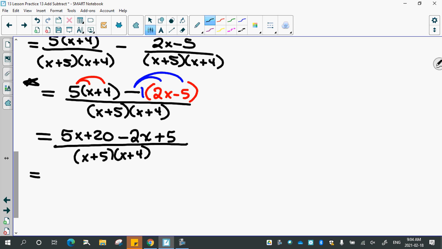And then I want to collect my like terms. So 5x minus 2x is 3x plus 25 over x plus 5 times x plus 4.